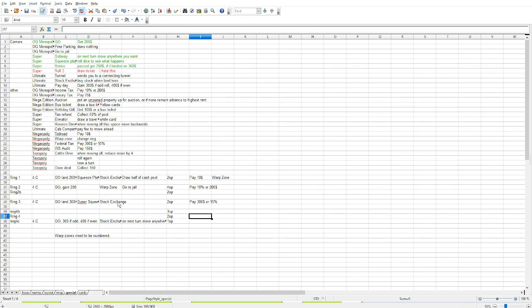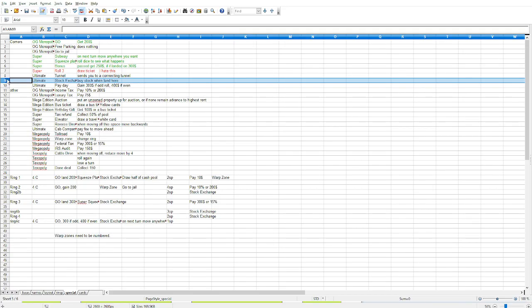I will put stock exchanges as special spaces on 4 and 4B, though, which is essentially preliminary, but whatever. Put one here, too. Fine, whatever. I might change my mind about having 6 stock exchanges. We'll see. Definitely not sure that 6 is the right number. But for now, I will call it good.